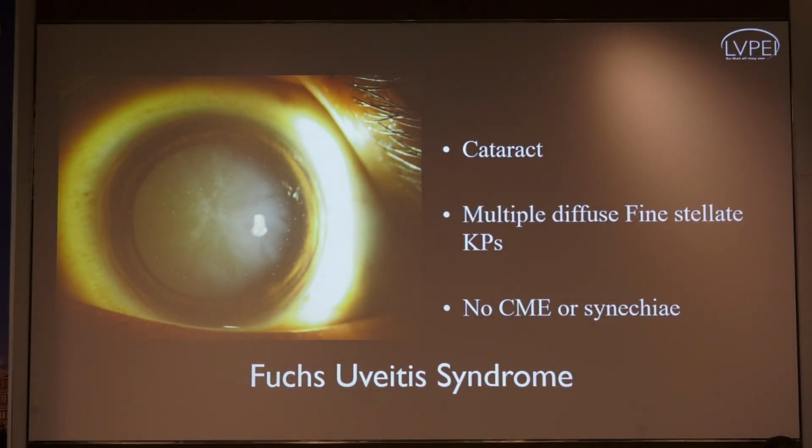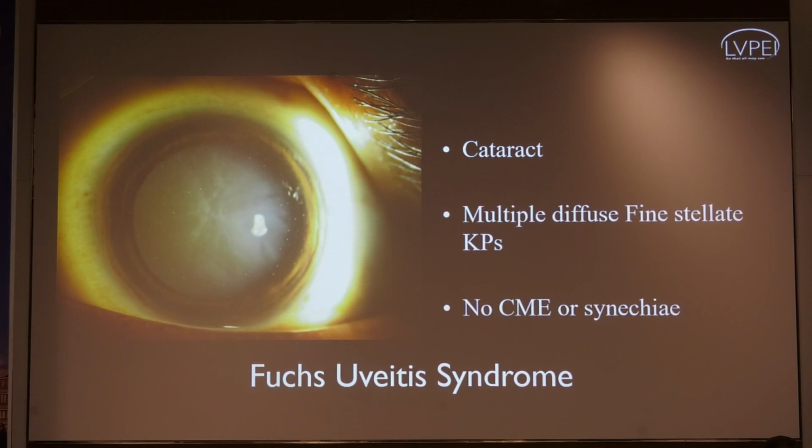Apart from that, you also need to keep in mind any inflammatory pathology. This was a patient with cataract, but with multiple diffuse fine stellate KPs, no CME, no synechiae. This is a case of Fuchs uveitis. These are cases you need to counsel that you may still have some vitreous opacities in the eye, and you may have a risk of IOP elevation after cataract surgery.